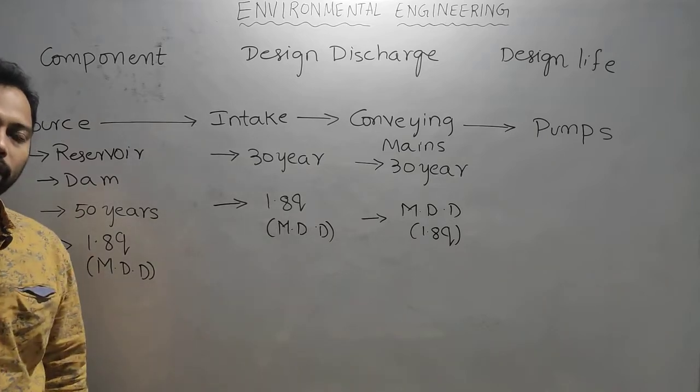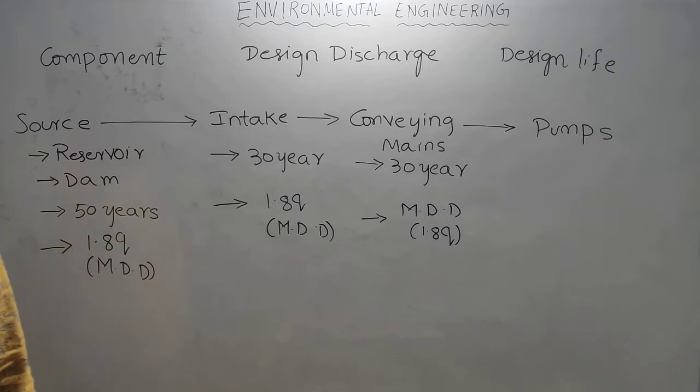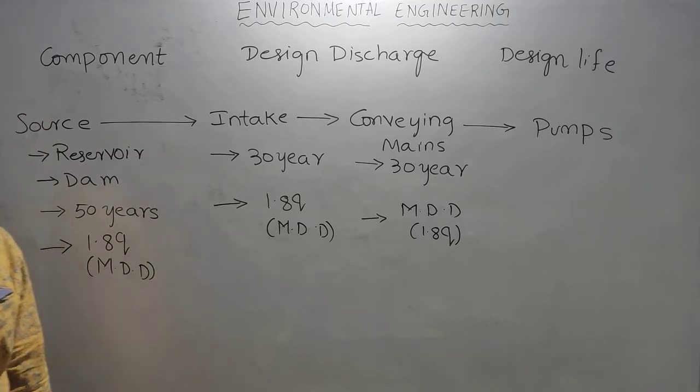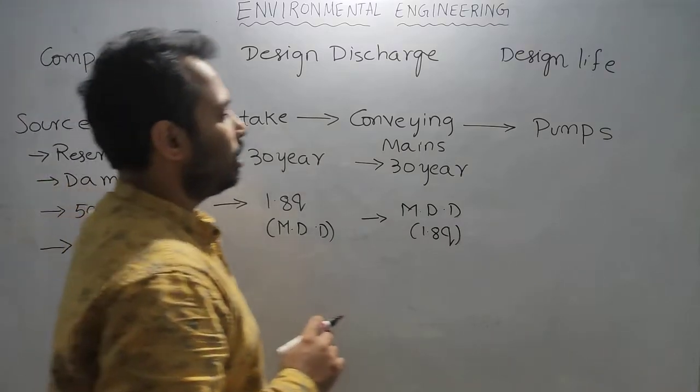In order to nullify these losses, in order to get the maximum daily demand from the pump, you need to send more at the input, incorporating the losses. So generally we send 2 times the average daily demand as the design discharge of pumps.